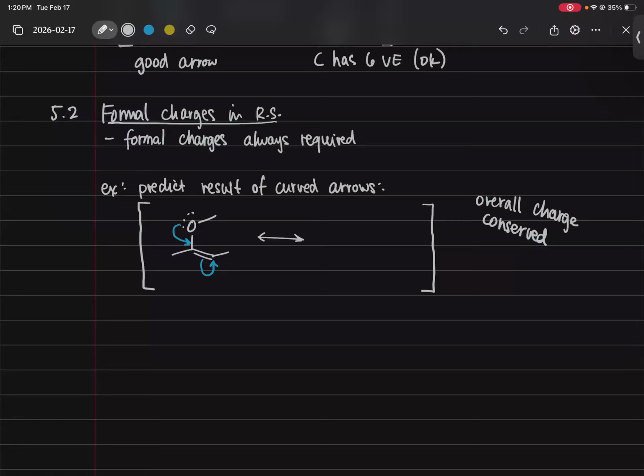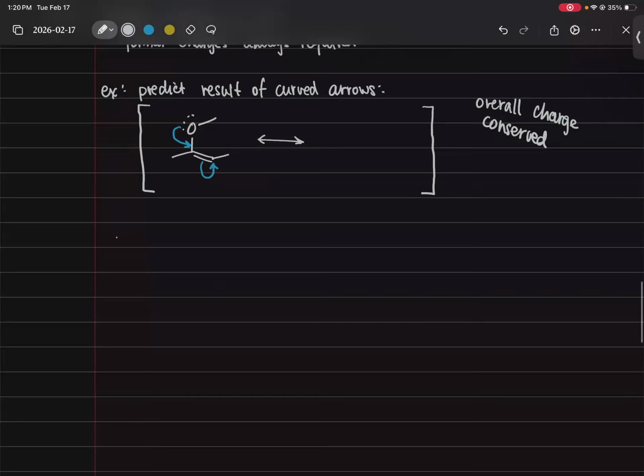Okay, so there's 4 easy steps for predicting the results of curved arrows like this.